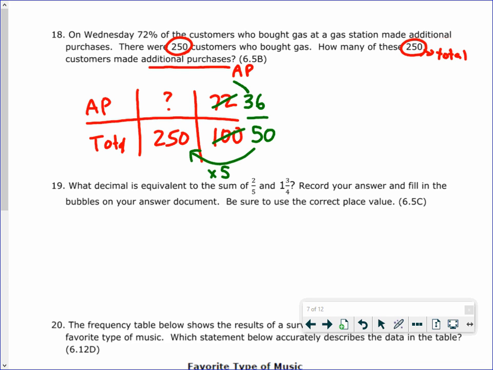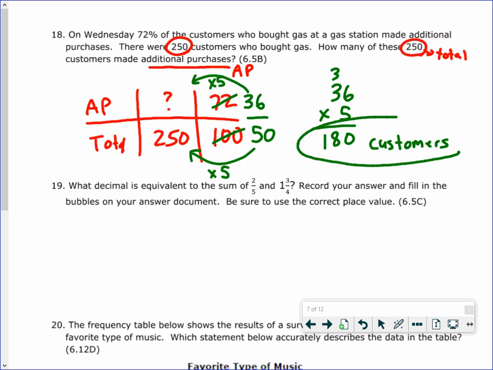So I'm going to figure out what is 5 times bigger than 36. So I'm going to multiply that by 5. So 36 times 5. And that gives me 180. So 180 customers made additional purchases. 180 customers, which makes sense because it's 72%, which is pretty big.